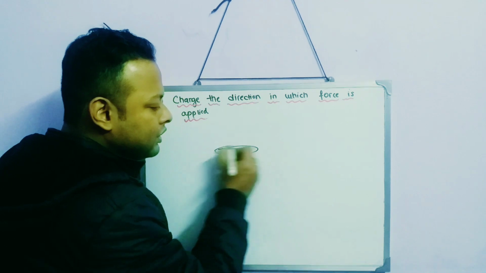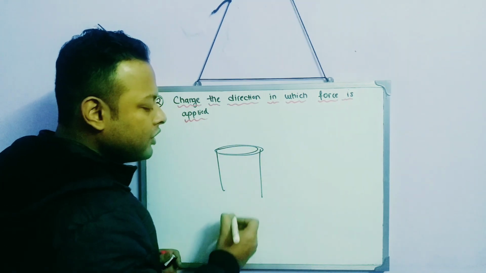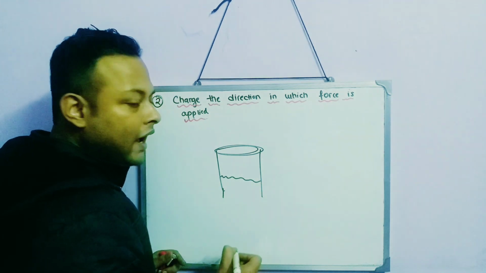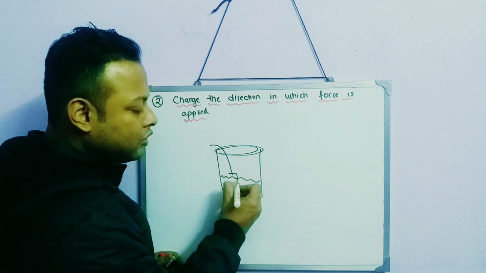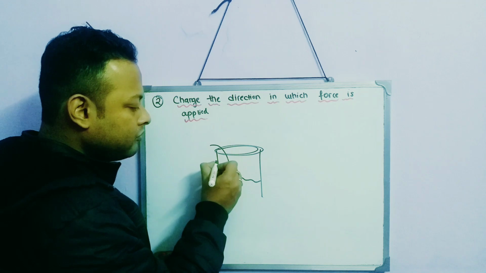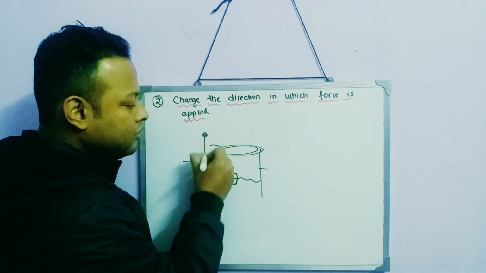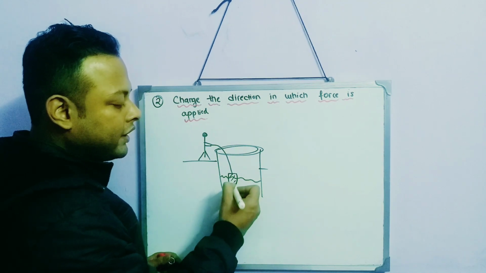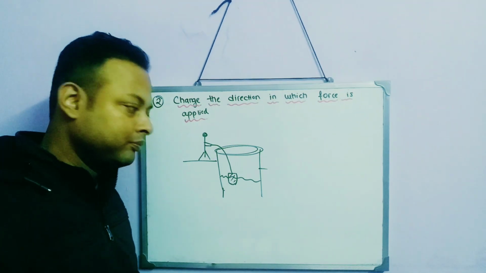Suppose I have a well, a kua, and there is water over here. And suppose I am using a bucket to lift this water. This is a person, and he is using a bucket in this way to lift the water.